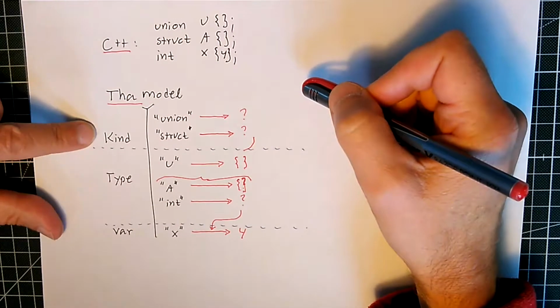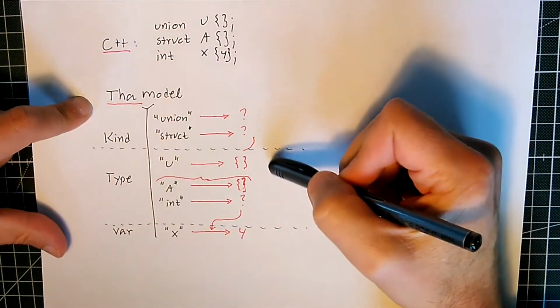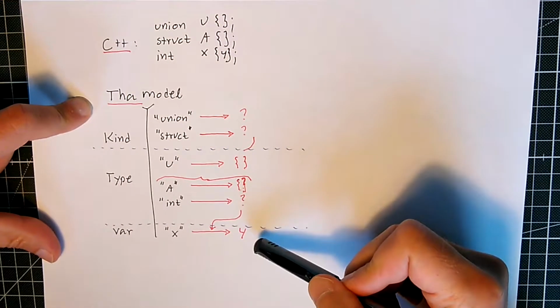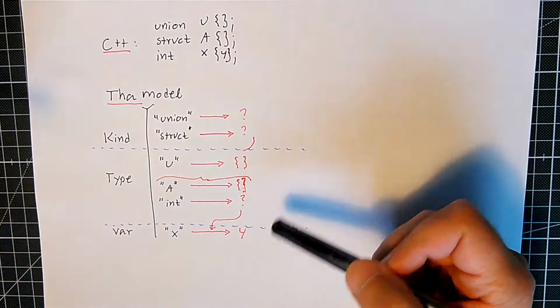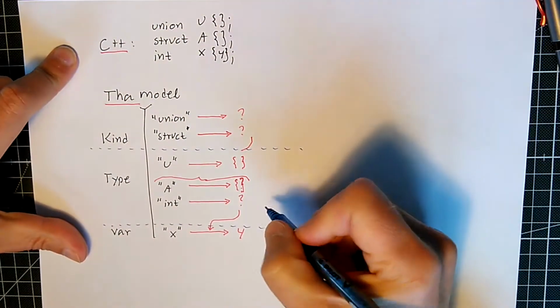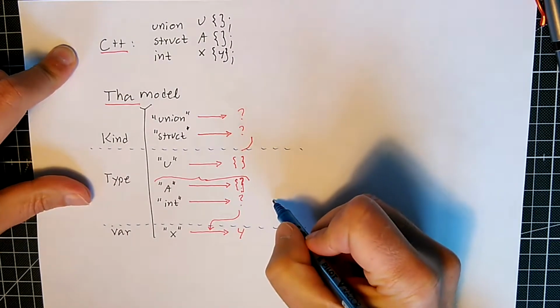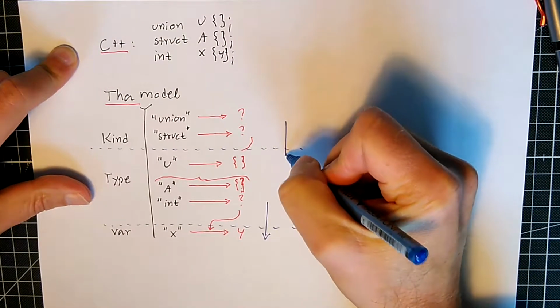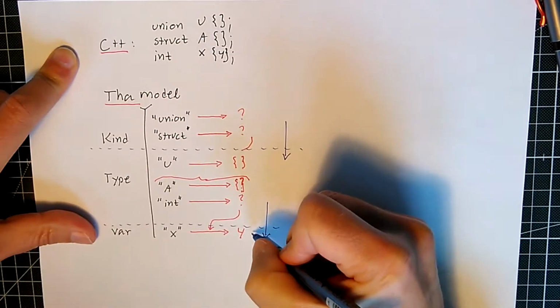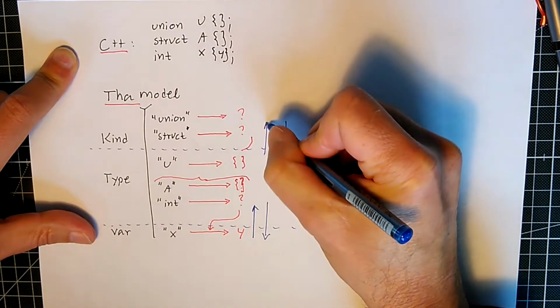So what more can we say about this now? Well, already we can see that these layers have some interesting characteristics from which we can learn stuff. So not only is it that each layer creates stuff on the layer below, it's also so that stuff on each layer refers to stuff above.